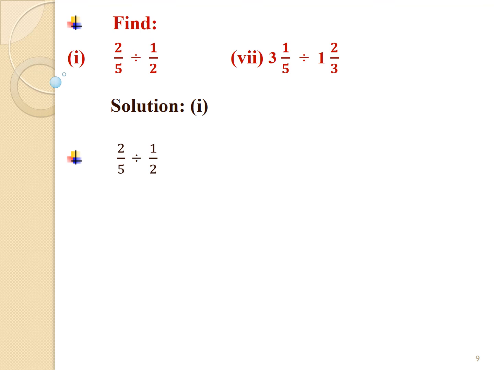Sum number 1, 2 upon 5 divided by 1 upon 2. Multiplying 2 upon 5 by the reciprocal of 1 upon 2, we get 2 upon 5 into 2 upon 1. Now, multiplying numerator 2 with numerator 2 and denominator 5 with denominator 1, we get 4 upon 5. So, 2 upon 5 divided by 1 upon 2 is 4 upon 5.